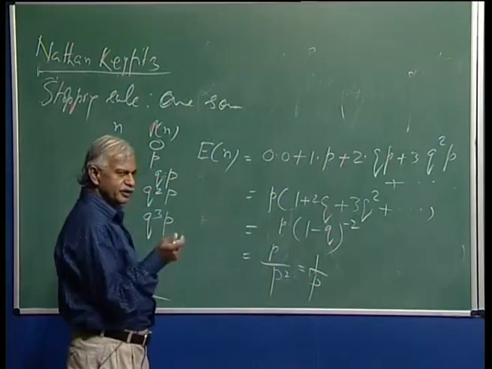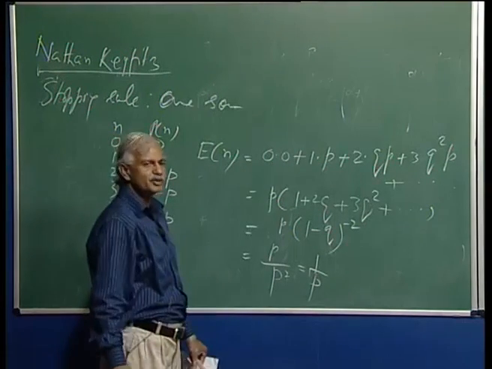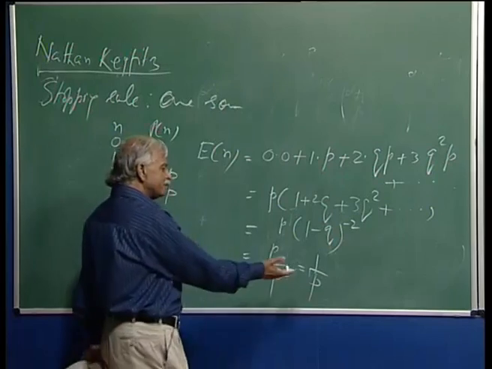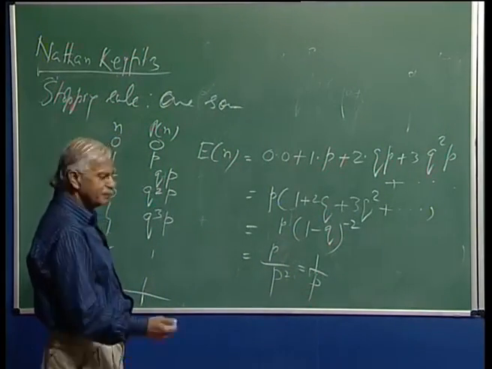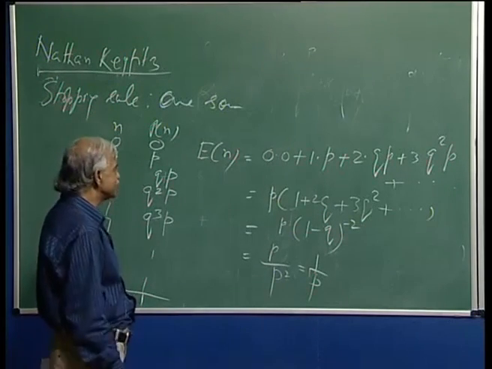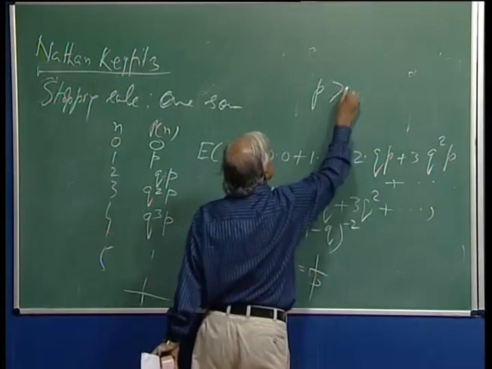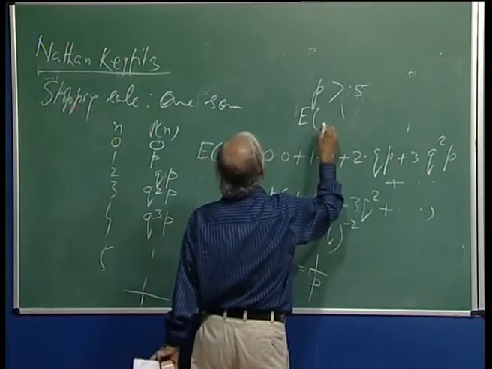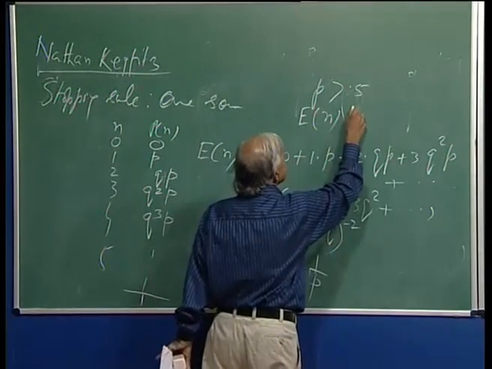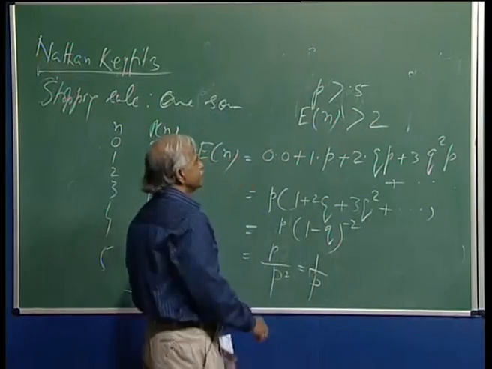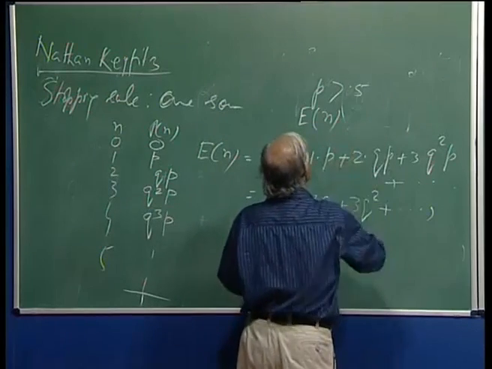If p is 0.5, probability of getting a son is 0.5, then the average number of children will be 2. There will be 1 daughter and 1 son. If p is more than 0.5, then the expected value of n, which is 1 upon p, would be less than 2.